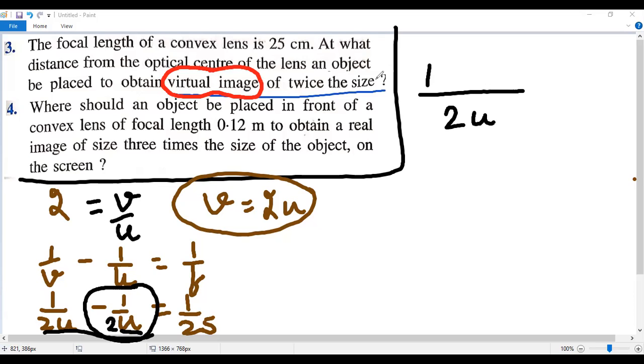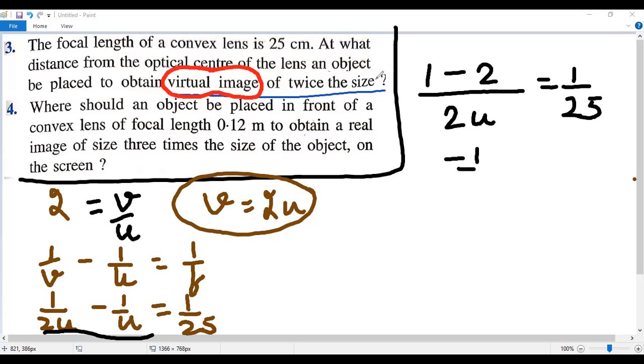I will multiply it with 2. So I will multiply the numerator also with 2. 2 into 1, 2. So 1 minus 2, minus 1 upon 2u is equal to 1 upon 25. Further, find the value of u, students, yourself.